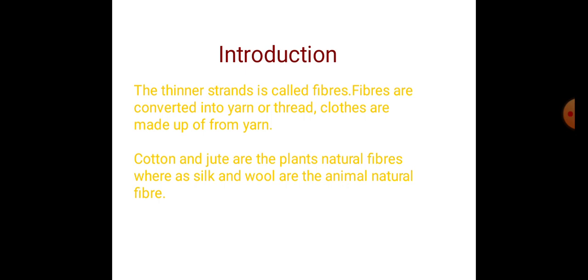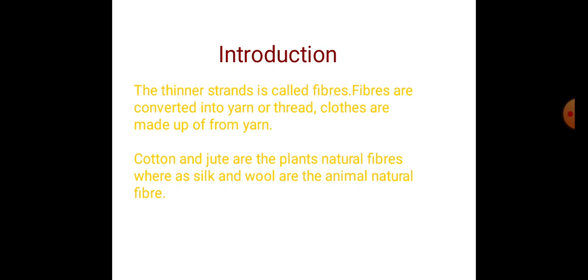Students, in Standard 6 we have learned about fiber. We know that fibers are the thin strands from which yarn, meaning thread, is made, and later from the thread we get fabric, meaning piece of cloth.